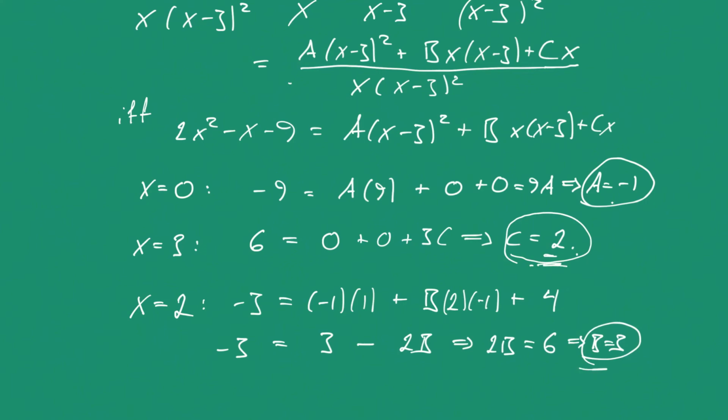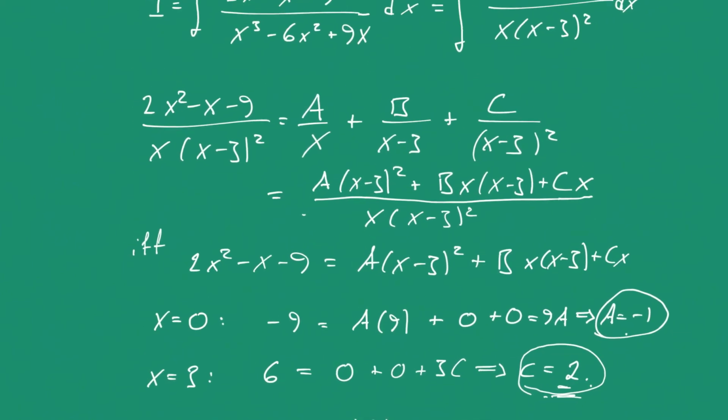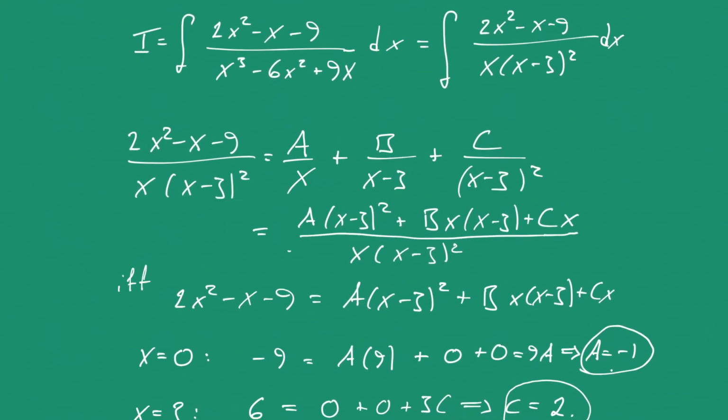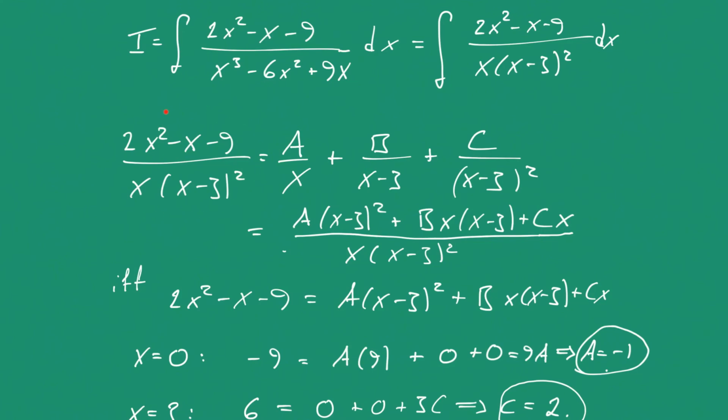All right, so we've now solved for, as we said, A, C, and B. So coming back up here, we know that the function that we wanted to integrate, we knew that we could write it as a over x plus b over x minus 3 plus c over x minus 3 squared, and we now know what a, b, and c are, so let's just write this down with a, b, and c as we found them.